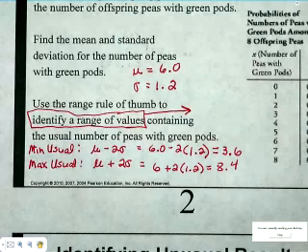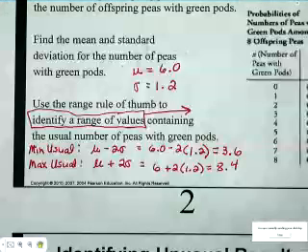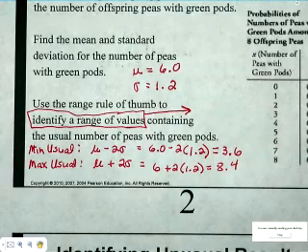Yes, we're considering what's usual. Anything between those two values. That's what minimum usual means. The lowest non-shocking number and the highest non-shocking number. So our non-shocking range would be between 3.6 and 8.4.